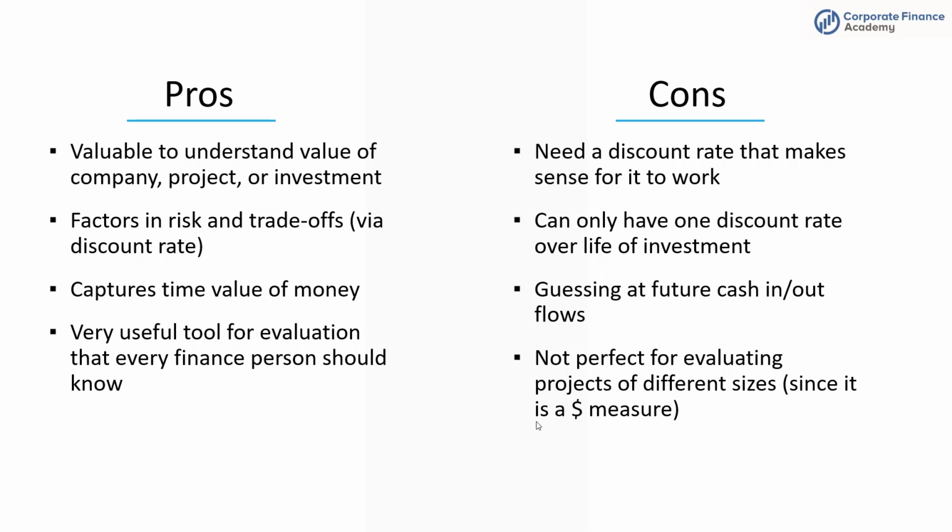So if I'm doing a real small project that only requires me $100 to get up and running, and my NPV is $200, that's hard to compare to a project that would cost me $10,000 to invest to run, and my NPV is $600. So it's just not great for evaluating projects of different sizes.